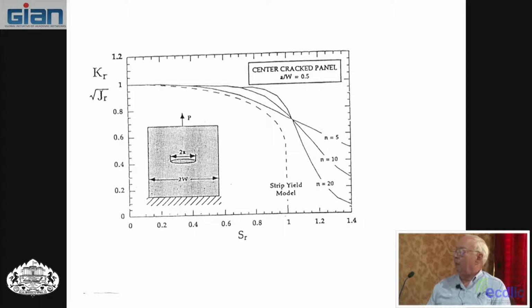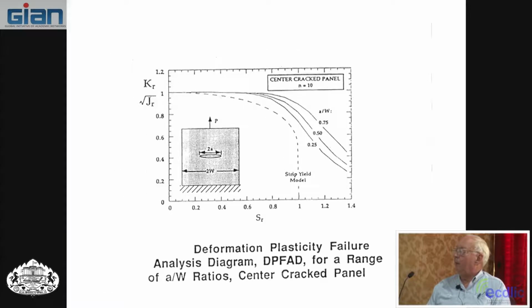So you can see if you use the J handbook, you get a little bit of leniency in that you can go past the yield. You can go up to 40% greater than yield, and there are some safe regions for being greater than yield.